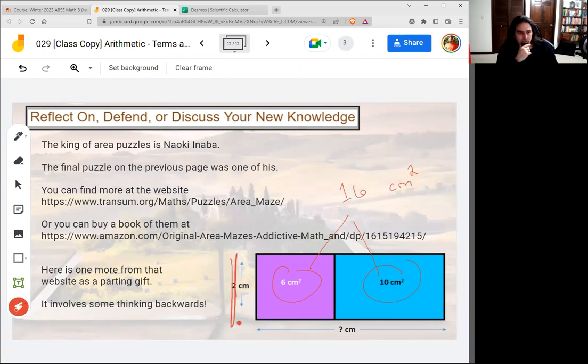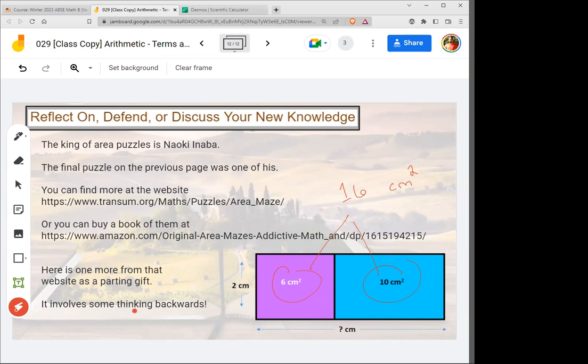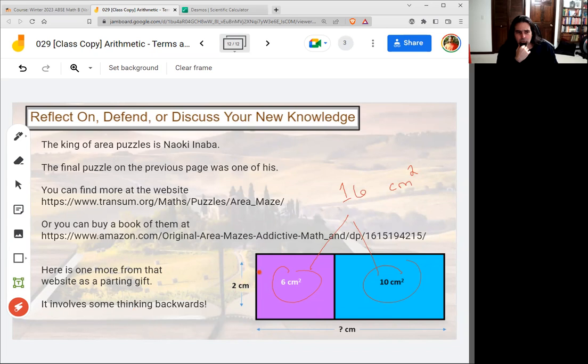So if one edge is 2, what's the other edge going to be? Two. It's not 2. You can first of all see that this is shorter, so it's not going to have the same, but also 2 times 2 is 4. We want the area to be 16, not 4.